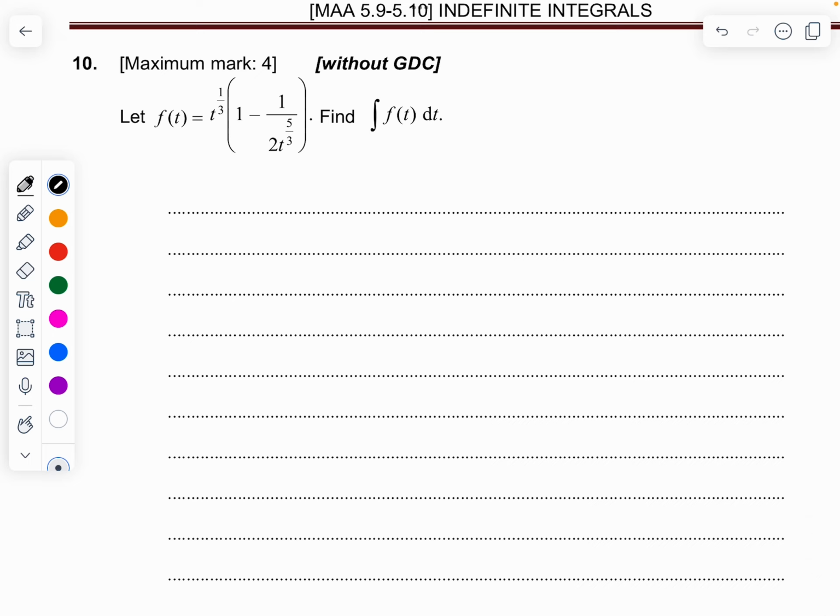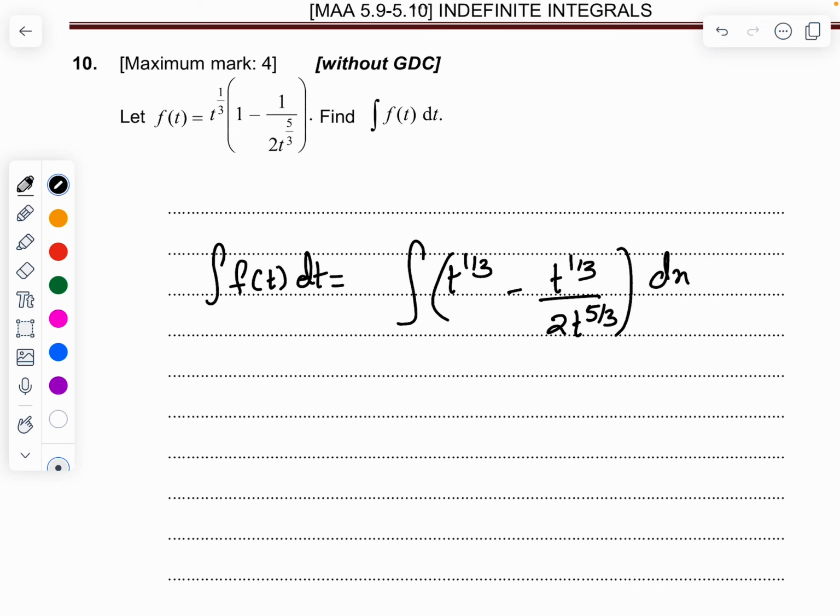Then next, the integral of f of t. First of all, the integral of f of t dt. I expanded it, so it becomes the integral of t power 1 upon 3 minus 1 upon 2 t power minus 4 upon 3 dt.